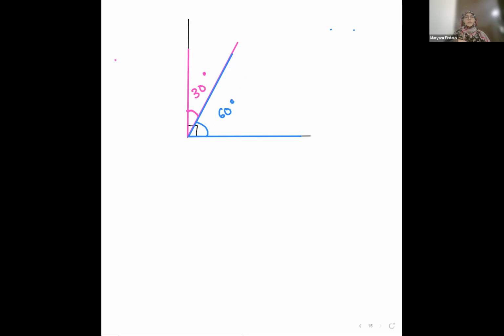So these two angles which when combined, or you can say which when added give you 90 degrees, are called complementary angles. Okay, so if I say what is the complementary angle of 30 degrees, what will your answer be?